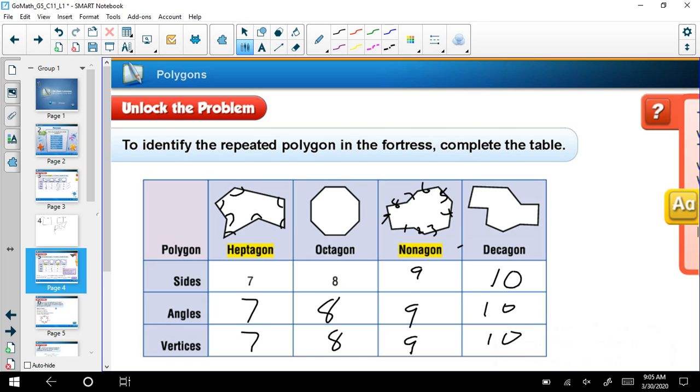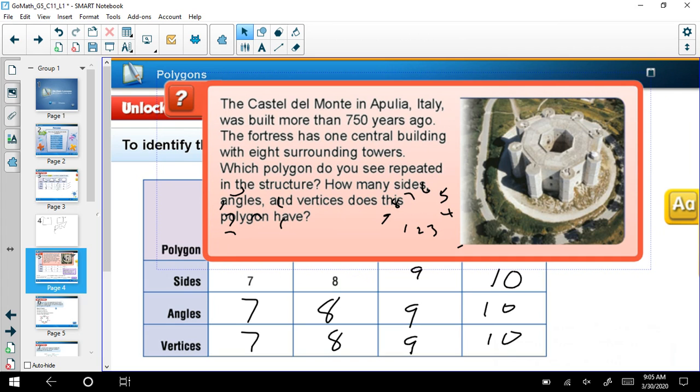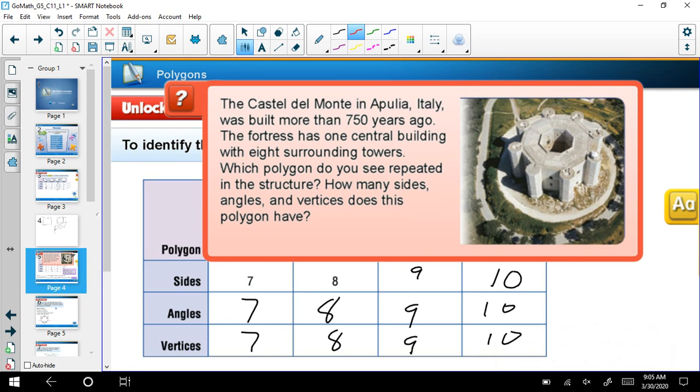So going back to our original question from the previous page, what is the polygon that we see repeated here in our picture? And hopefully we can see that here in the middle we have one, and then each turret is also going to be one, and then the central part of the building is another one.